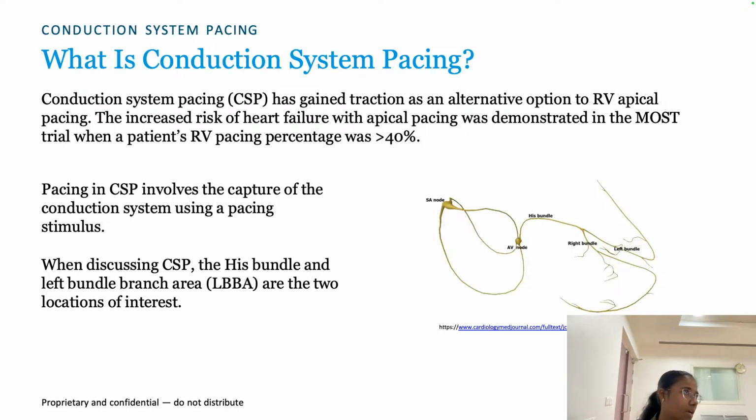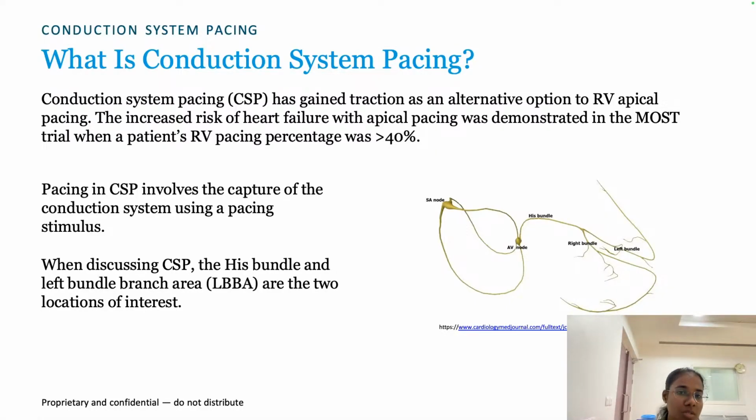It creates delayed conduction where the QRS will be very broad and it might lead to heart failure for the patient if it is consistently pacing for more than 10 to 15 years. With conduction system pacing, as it is physiological pacing, the patient's heart failure will predominantly not occur, as shown by many studies.